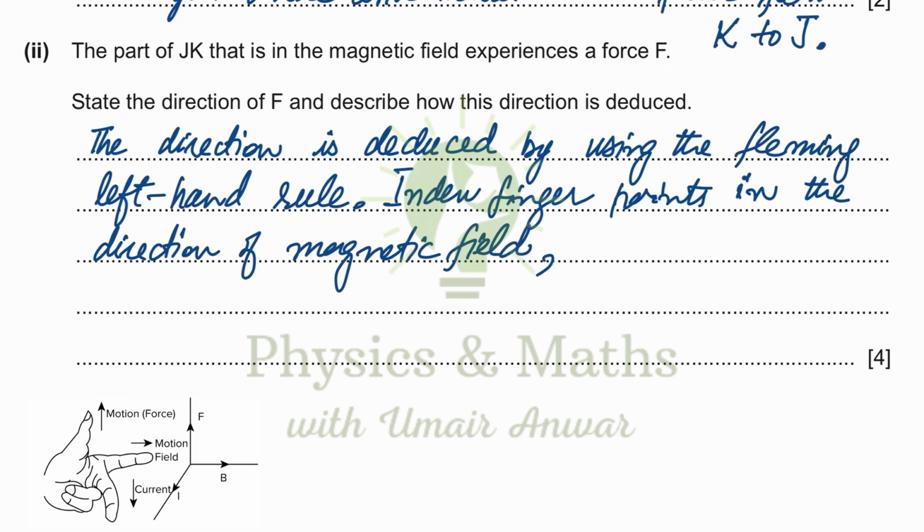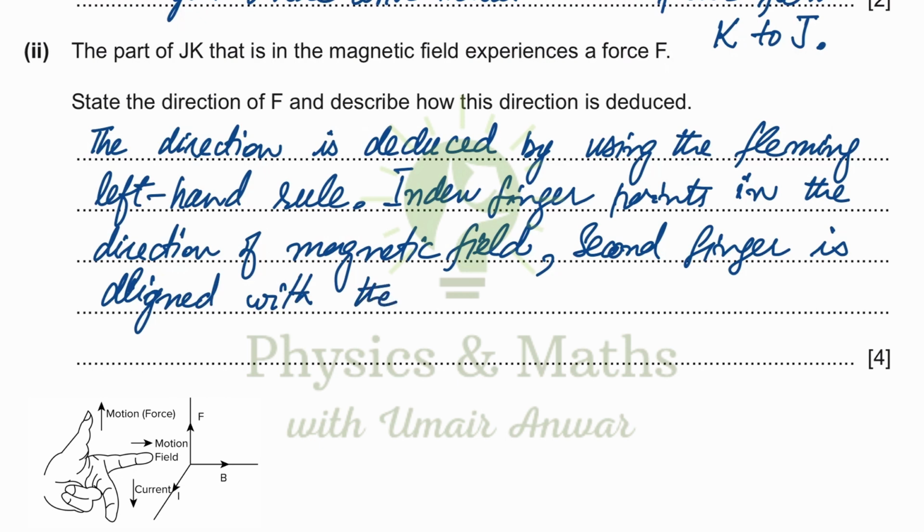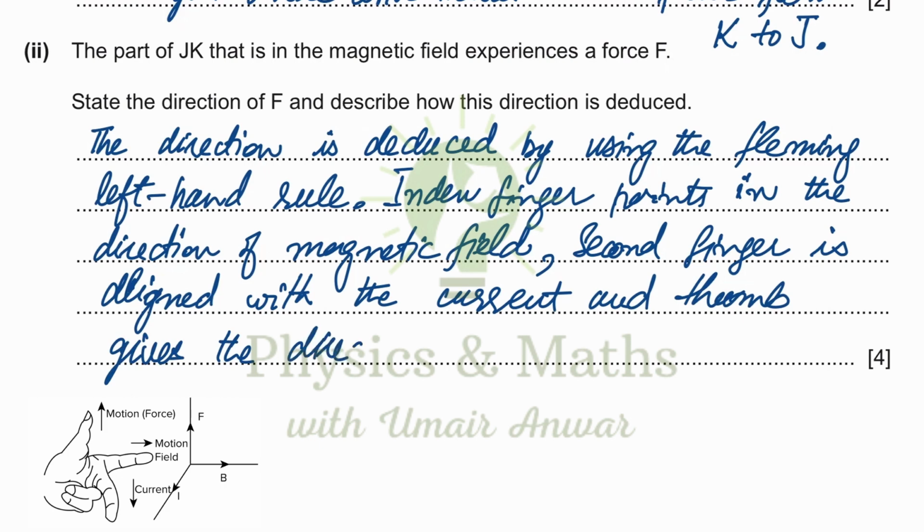Then the second finger is aligned with the current, and the thumb gives the direction of F, the force exerted on the conductor.